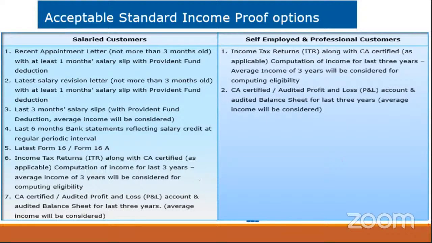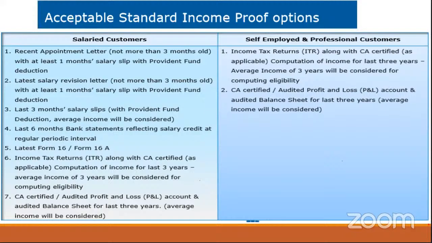So again, what is standard income proof? The definition differs from company to company. You can always check with the Term Help Desk for any clarification. On an average, as a standard, if the person is salaried, we ask for the latest 3 months' salary slips, along with 6 months' bank statement showing the salary credit.